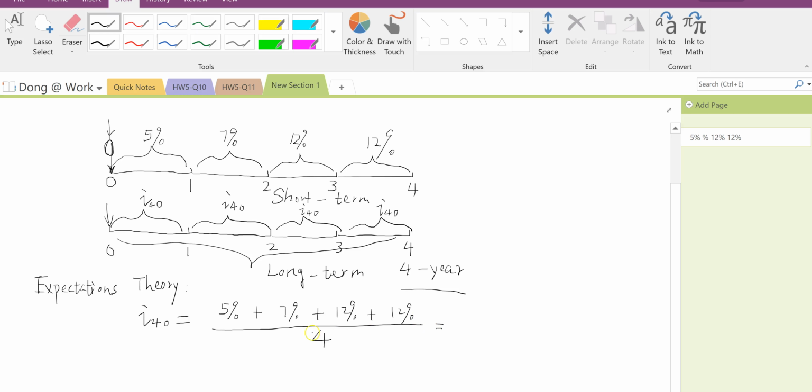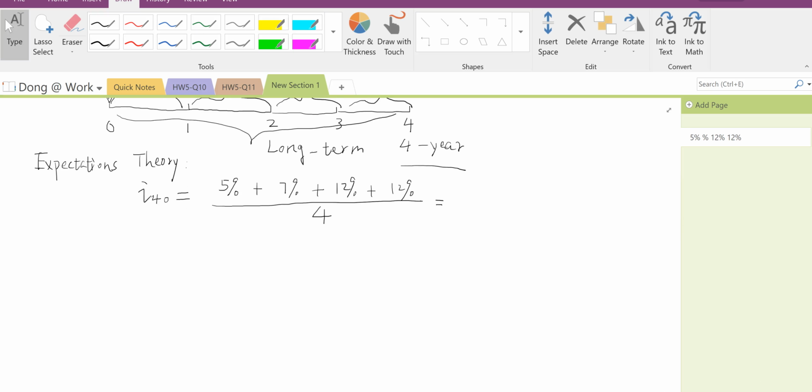Of course, this is just one interest rate. This interest rate is the annual 4-year bond interest rate. But you could also invest in a 3-year bond, right? The 3-year bond. This is a 4-year bond. So similarly, based on this theory, if you invest in a 3-year bond, what you have is basically I30.